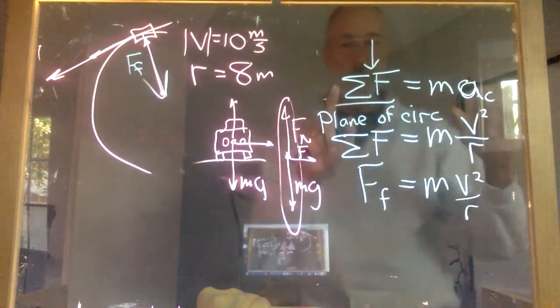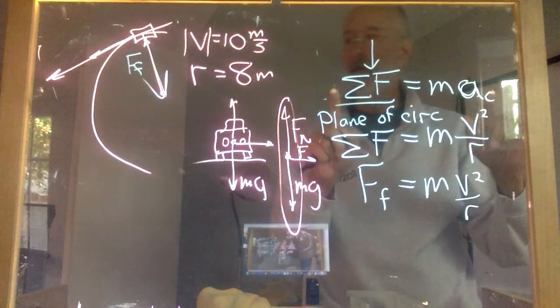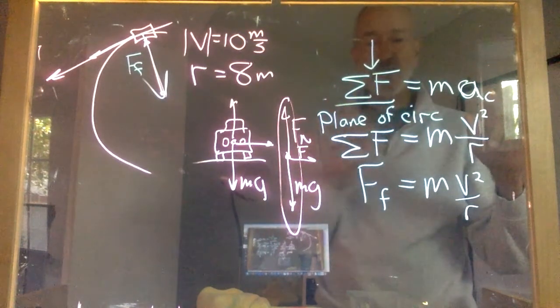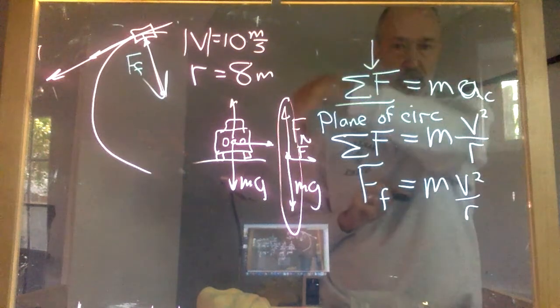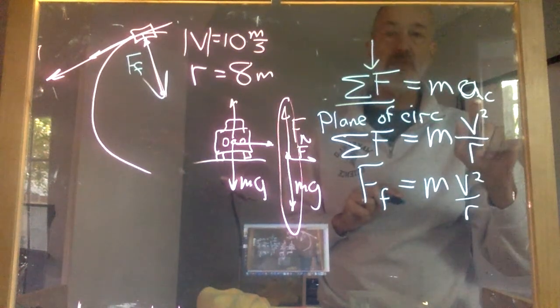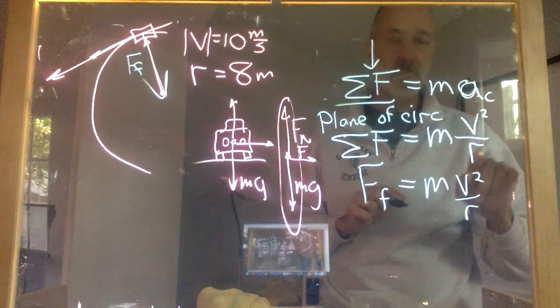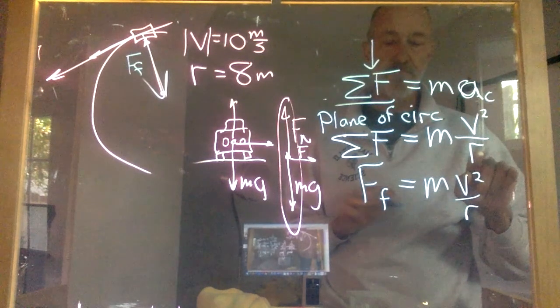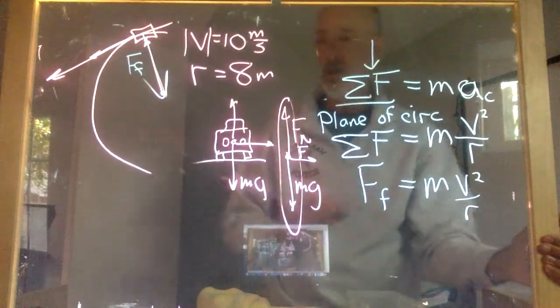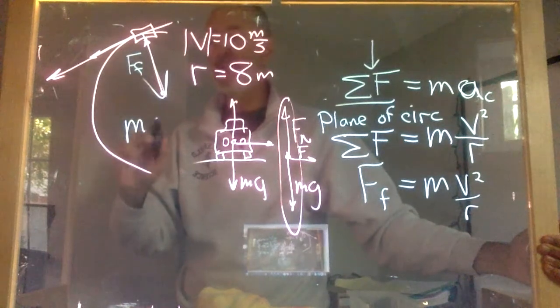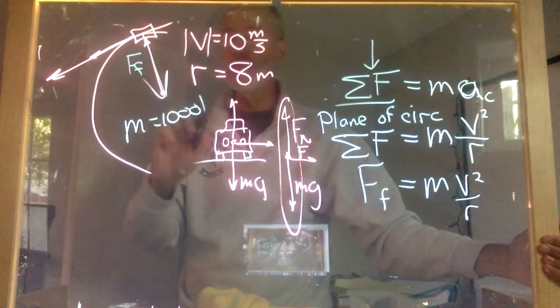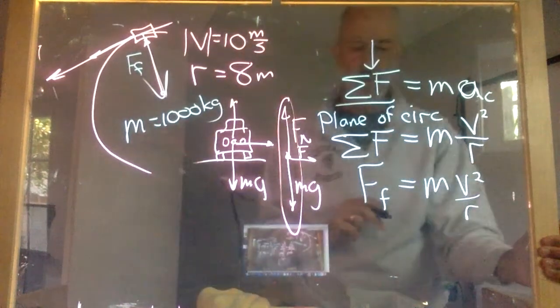So I start up here, sum of forces equals ma. I know that since it's turning in a circle, in the plane of the circle, since it's got circular motion, this is going to be a centripetal acceleration. I can substitute v squared over r, and then I can just solve, assuming I know the mass. I'm going to say the mass is 1,000 kilograms. Okay, you would have needed to know that.